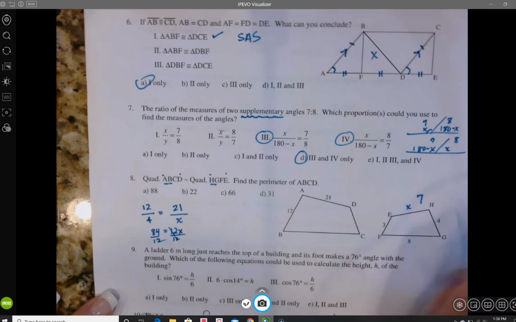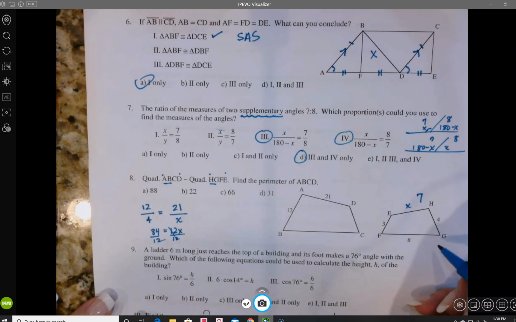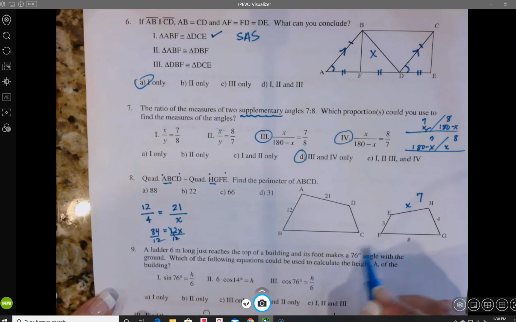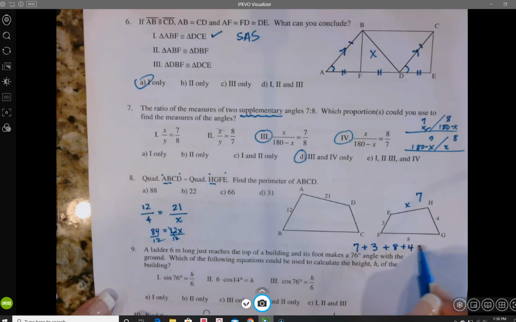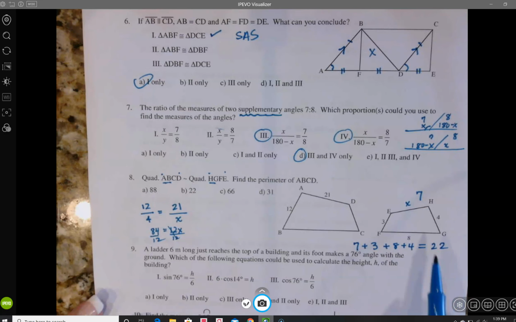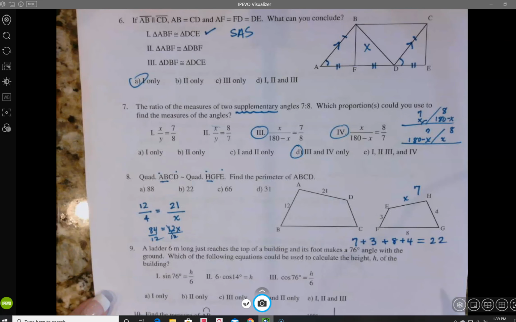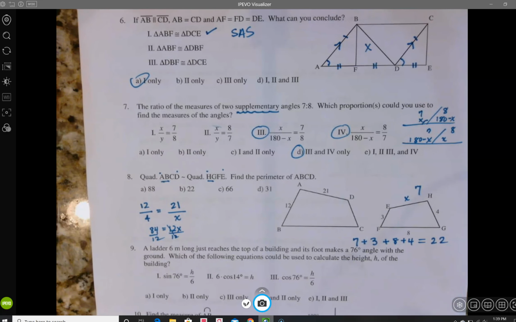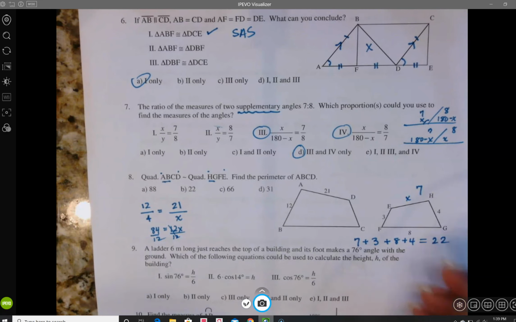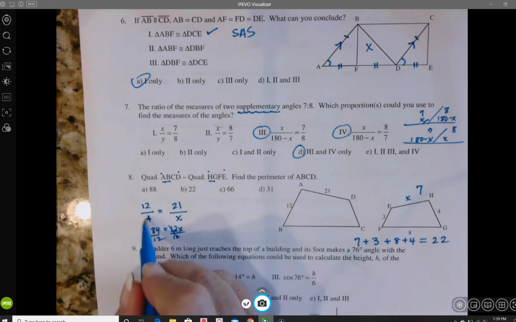But I do need to add up and find the perimeter of the little shape, because that's the one I have all the sides for. So remember, perimeter of any shape is to add up all the sides. So I'm going to do 7 plus 3 plus 8 plus 4, and I get 22. So now what I need here is a scale factor. I could solve for these missing sides and add things up, but if I just know the scale factor, then I can take the perimeter of the little one and the scale factor.